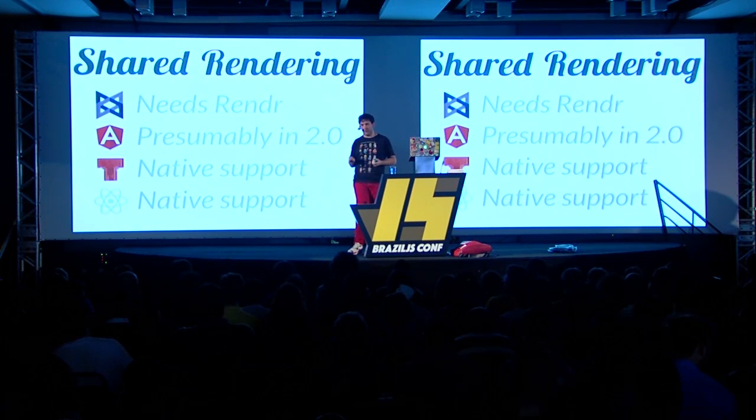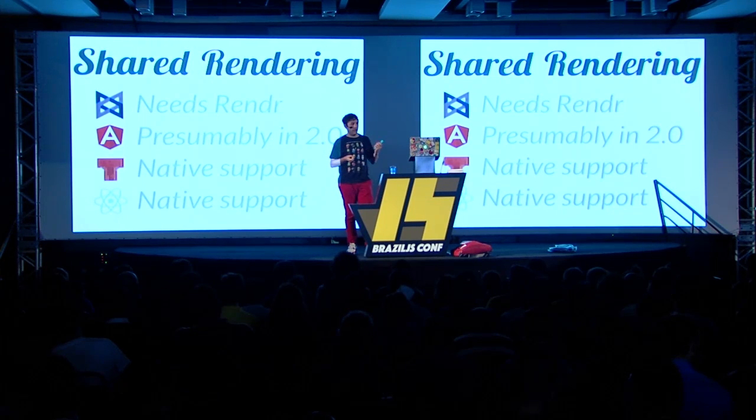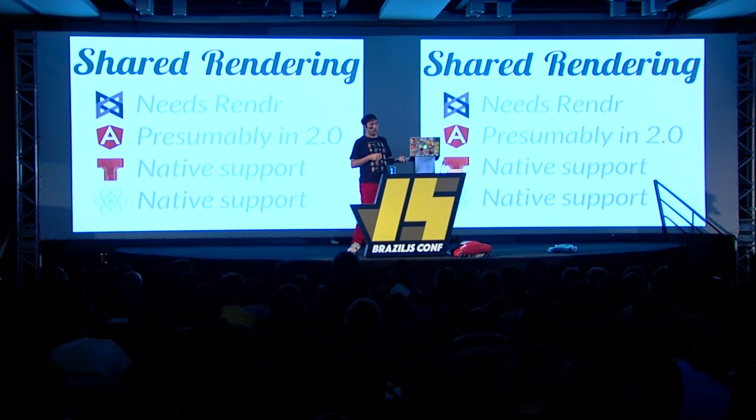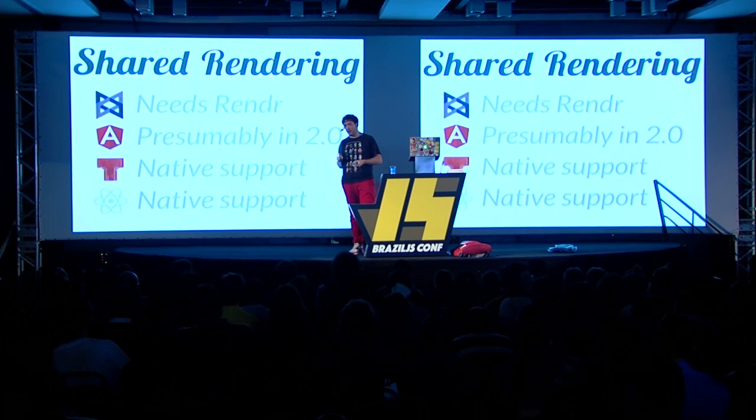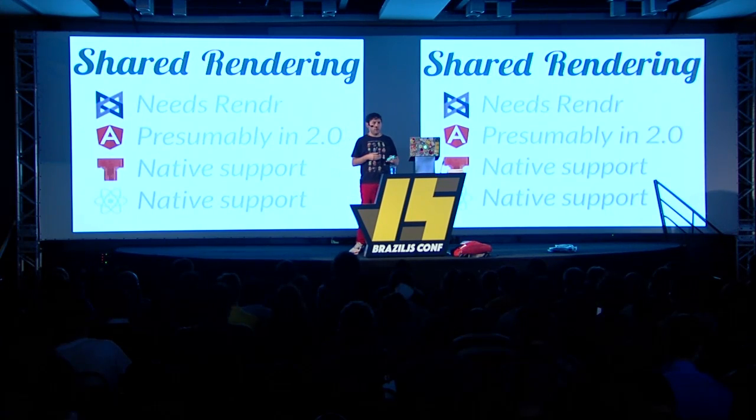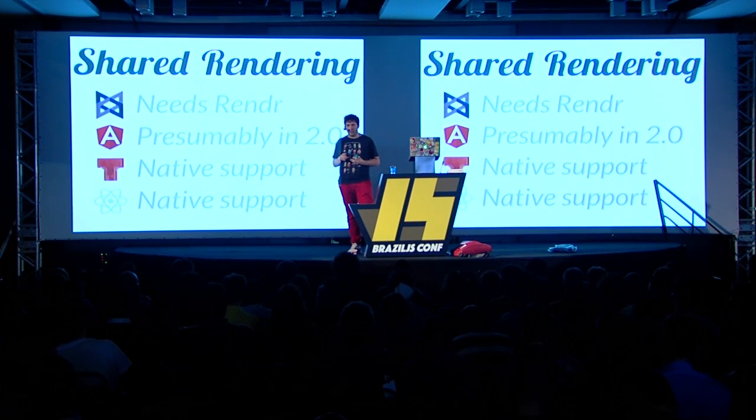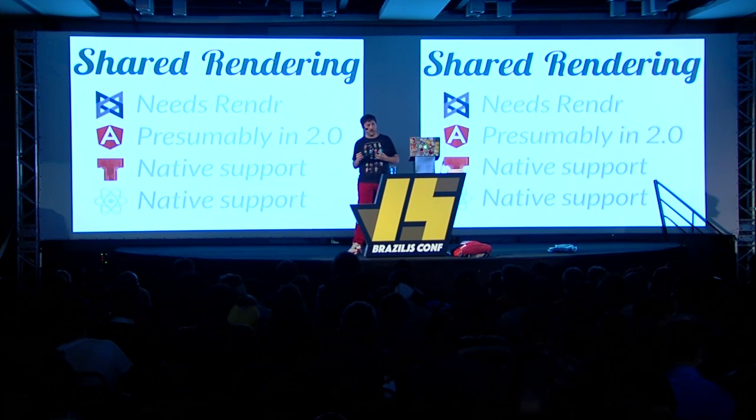For shared rendering, there's a bunch of different things. The problem is none of them are actually very good. Backbone needs a renderer, which is a terrible library. Angular presumably will have shared rendering or universal rendering in 2.0, but right now it's kind of uncertain. Ember has some sort of preloader, but it's actually for SEO purposes at the moment, for now at least.